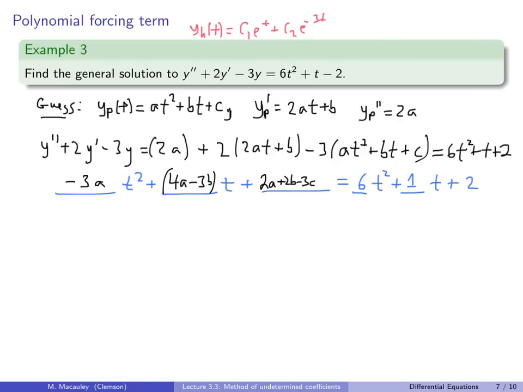Okay, so we get a system: negative 3a equals 6, 4a minus 3b equals 1, and 2a plus 2b minus 3c equals 2. So this is a system, and let's see how to solve it.